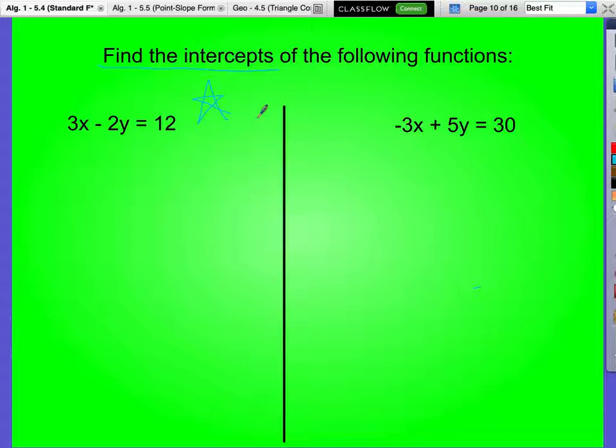So which intercept do you want to find? Okay, so which one do you want to solve? So what are we doing here? 4. There you go. That's how you figure it out. You're finding one, plugging in 0 for the other. Yep.